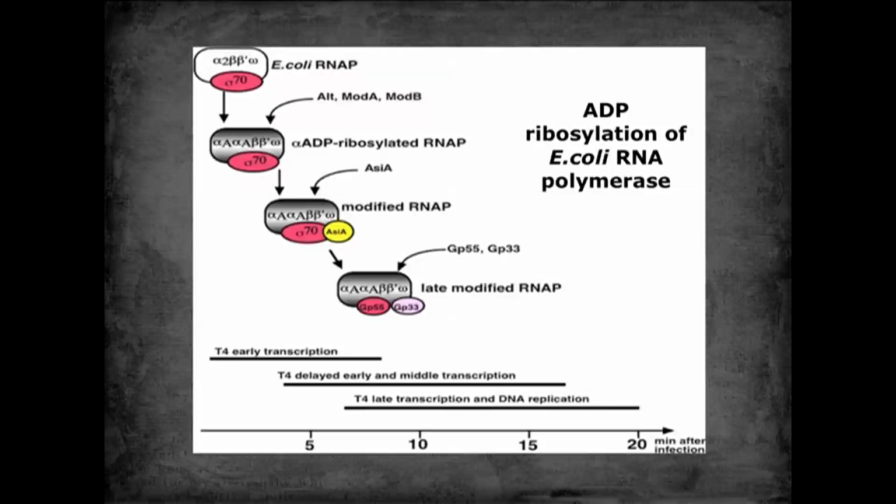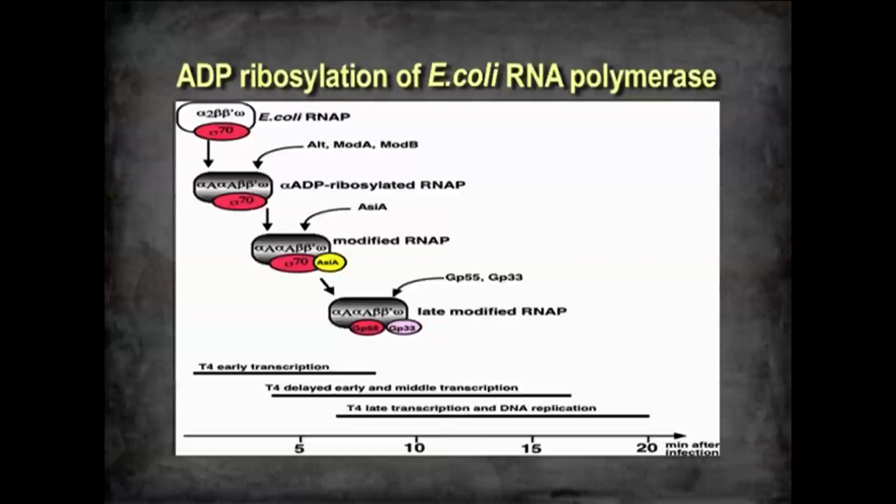That means inside the phage head, apart from DNA, this protein is present, and this protein is an ADP ribosylase. That means this protein transfers an ADP ribosyl group to one of the alpha subunits of RNA polymerase, and this modified RNA polymerase no longer recognizes its own promoters, rather it starts transcription from the viral promoters.